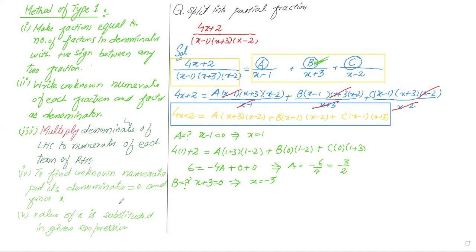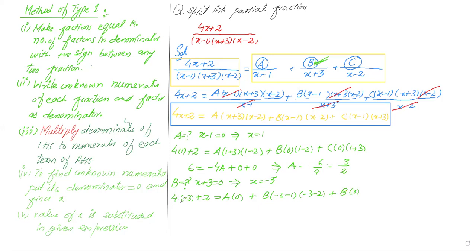So again, put in this yellow color information, 4 times minus 3 plus 2 is equal to the following. I have to put x plus 3 equal to 0. So the first A term is 0, then for B, you have to put x as minus 3 minus 1 and minus 3 minus 2, plus 0, B times 0.